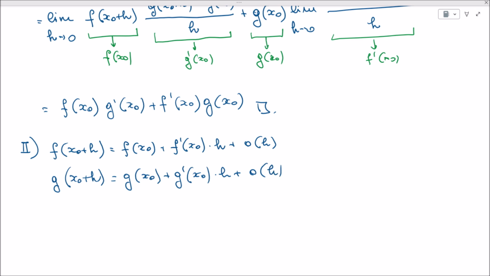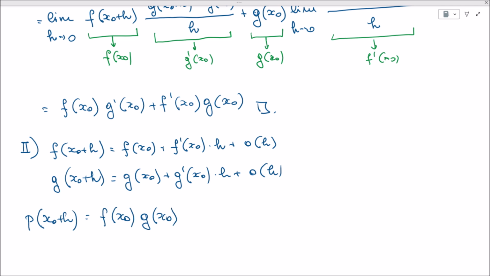And now we proceed with the multiplication, and we try to write p of x naught plus h, which will be just a product of these two expressions, and we immediately see that we have f of x naught times g of x naught, right?